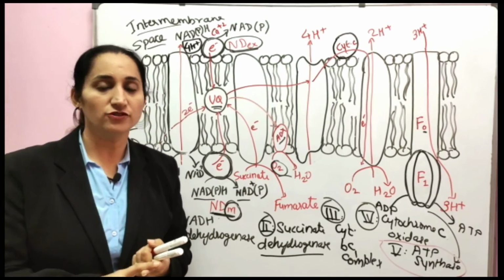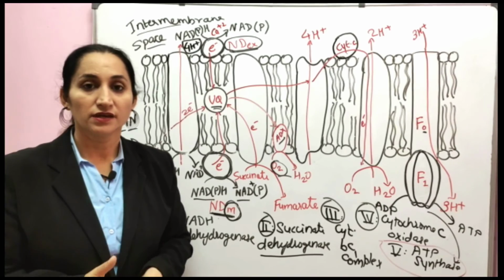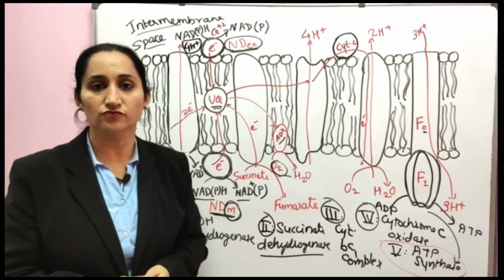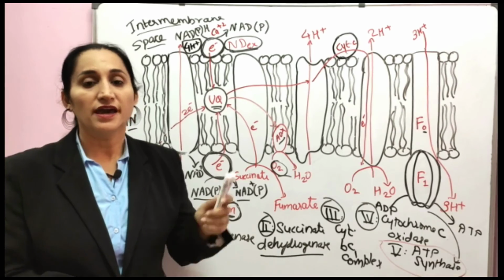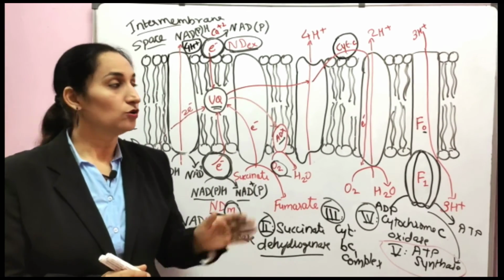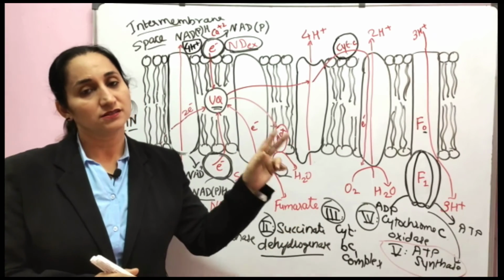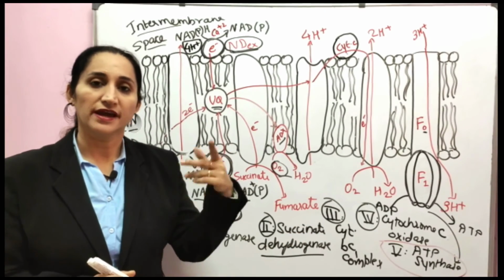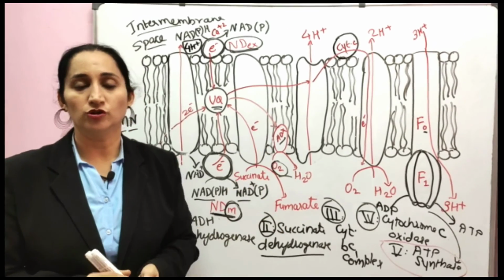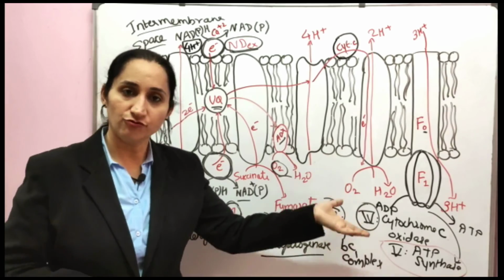In previous stages, we have seen that many NADH were formed and FADH2 was formed in the Krebs cycle. So in this system, 1 NADH will form 3 ATP molecules and 1 FADH2 will form 2 ATP molecules. So finally, a huge number of ATPs will be formed.